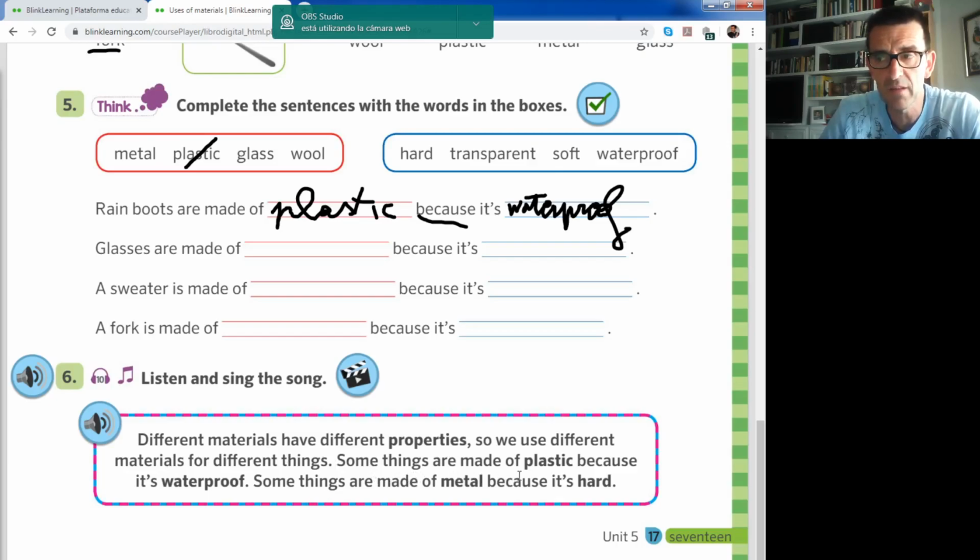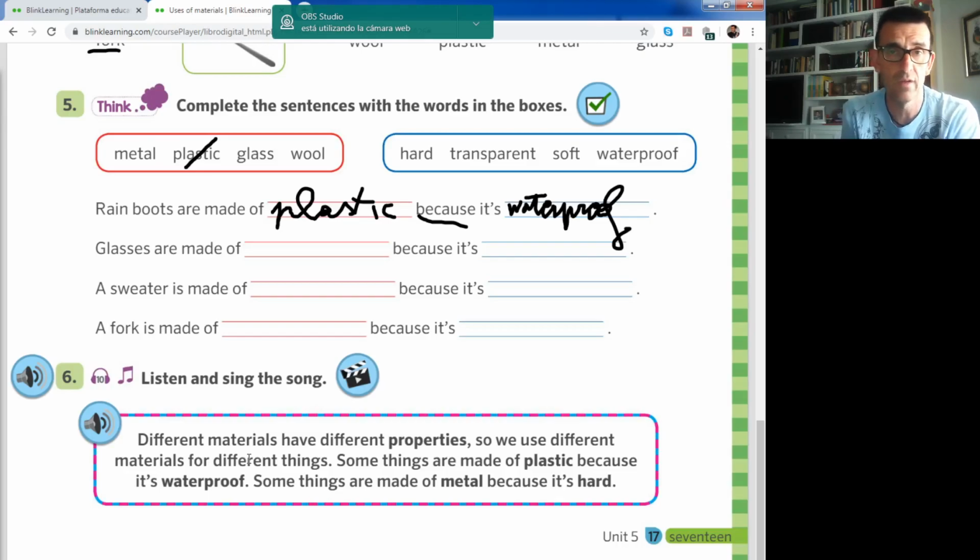Some things are made of plastic because it's waterproof. Algunas cosas se hacen de plástico porque es impermeable. Or some things are made of metal because it's hard. O algunas cosas se hacen de metal porque es duro. For example, the cards are made of metal because they are hard. Or maybe some shelves, algunas estanterías, are made of metal because it's hard, or made of wood because it's hard.